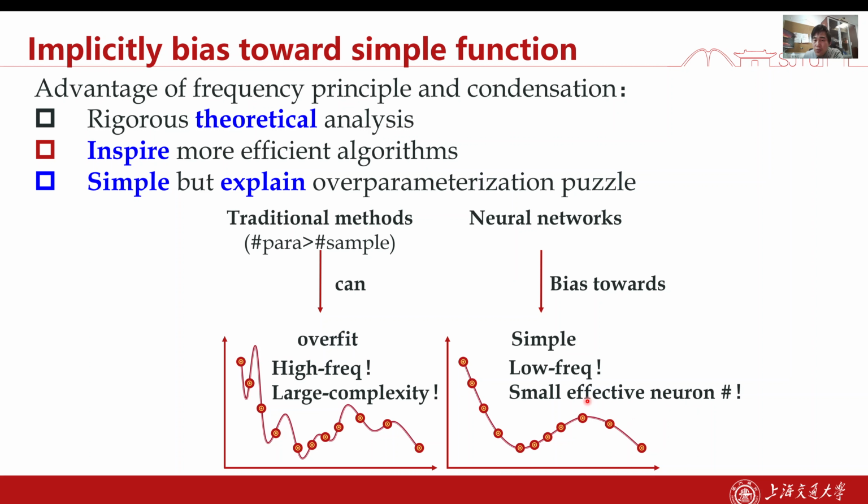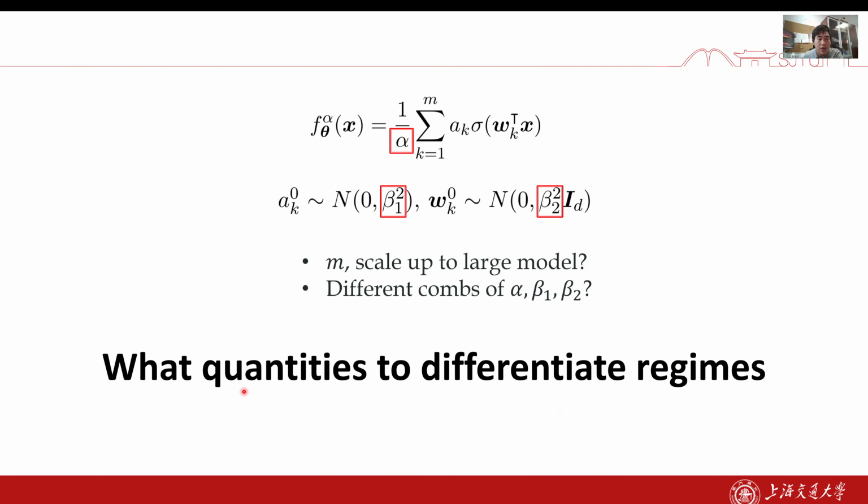And in the following, we want to ask a key question: what quantities differentiate different regimes? That is, in one regime the neural network can have condensation, and in another the neural network does not have condensation, and otherwise it has linear property.